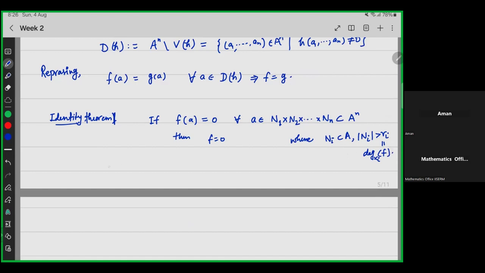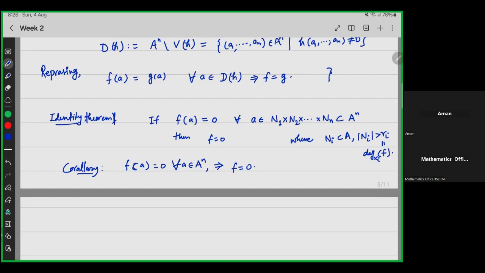So if f(a) is equal to 0 for every a belonging to A^n, then of course this will imply that f is equal to 0. We will use this kind of corollary, I would say, and we'll prove our theorem.